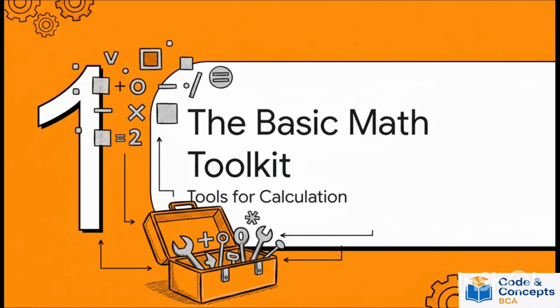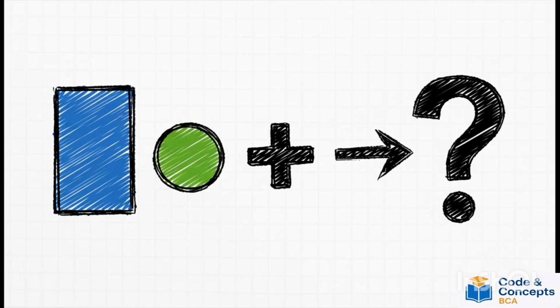This is our basic math toolkit, the absolute workhorses of programming, the tools you'll use for any kind of calculation. So in the world of code, the things that operators work on are called operands. Let's just take two numbers, 25 and 5. So if we take the addition operator, yep, just a simple plus sign, and stick it right between them, we're giving the computer a clear command. Combine these two values.